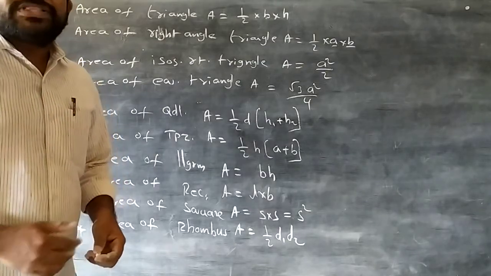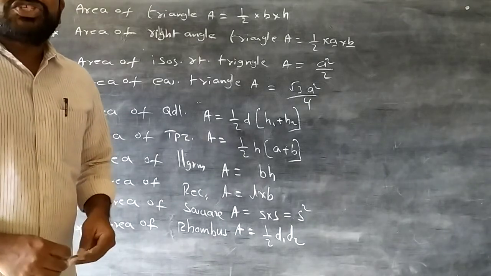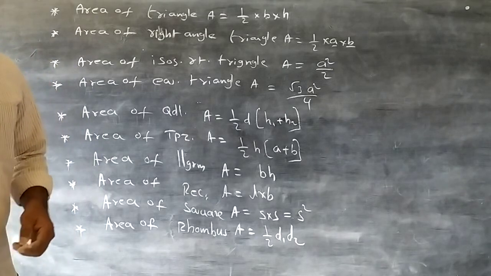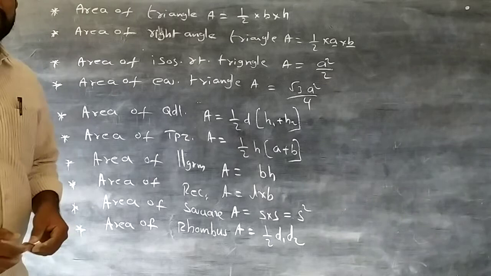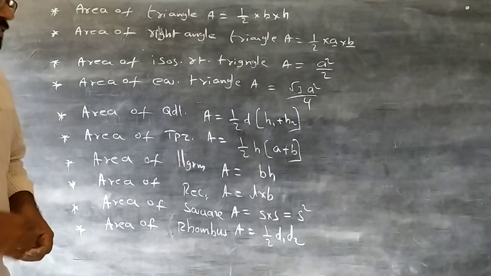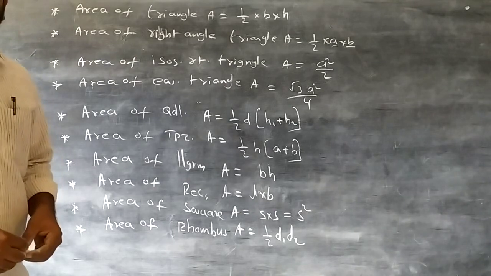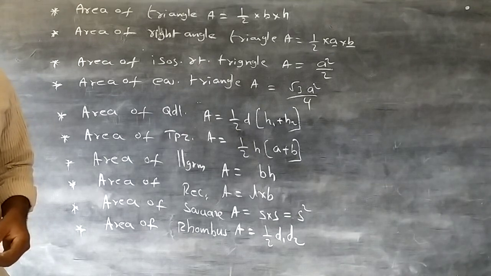By using these formulas, we can solve the problems in the chapter on areas. In the next video, we will continue with the problems related to these formulas. So you must practice all the formulas. These formulas are very, very important. If we know these formulas, we can solve the problems very easily.